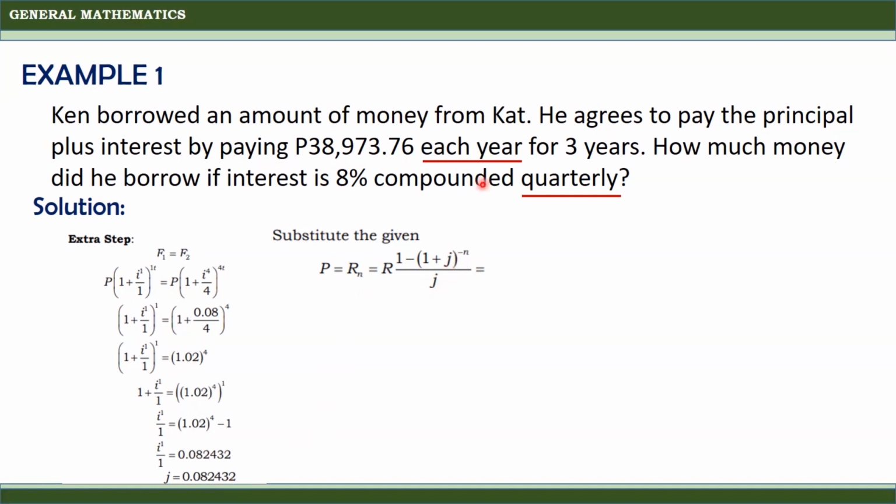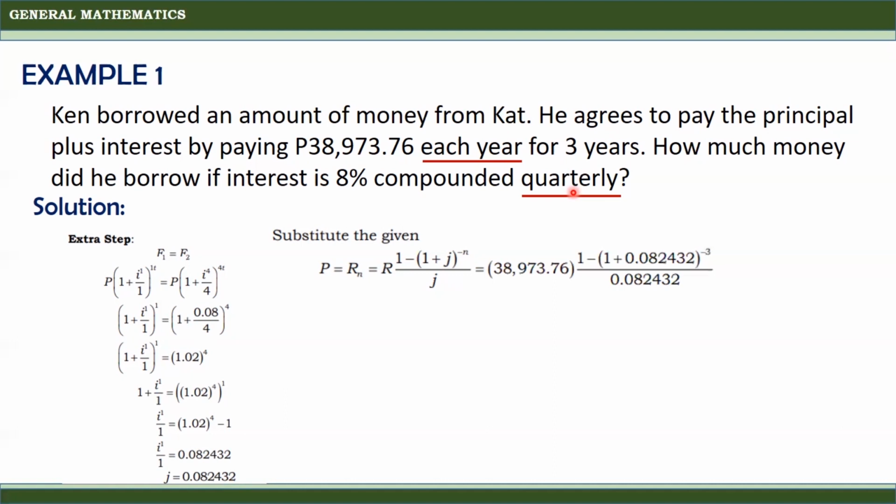Based on the problem, the regular payment of Ken is amounting to 38,973.76. And since he pays every year for 3 years, it means that the total number of payments is 3.